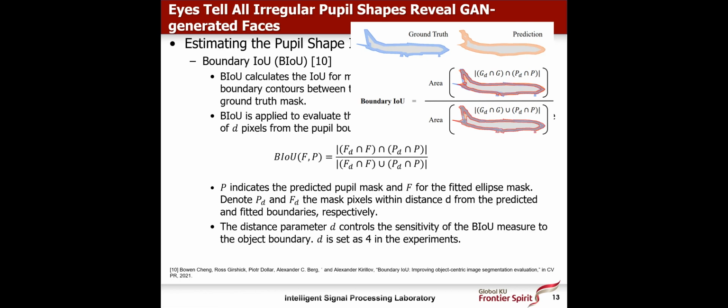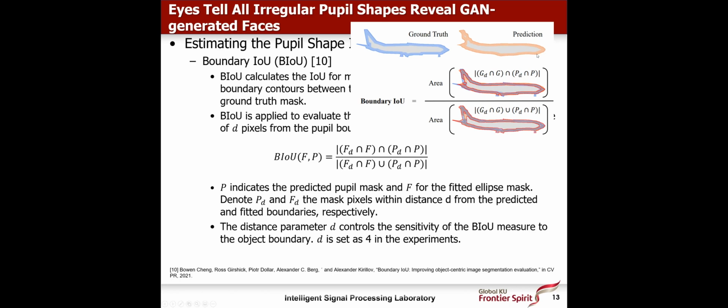So the measure uses some kind of boundary region. The boundary region is defined by the mask pixels within D pixels from the boundaries. It is represented as the blue area in this prediction mask, and as the orange color in the other.